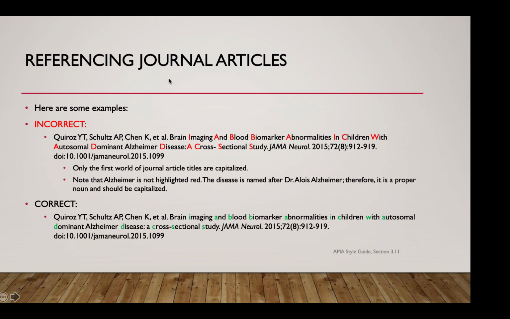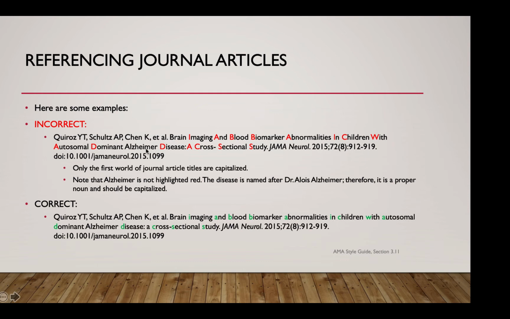Here's another example of referencing journal articles. So in this particular reference, you will see that the author capitalized every single word of the journal title. And this is incorrect. You only capitalize the first word and any proper nouns.